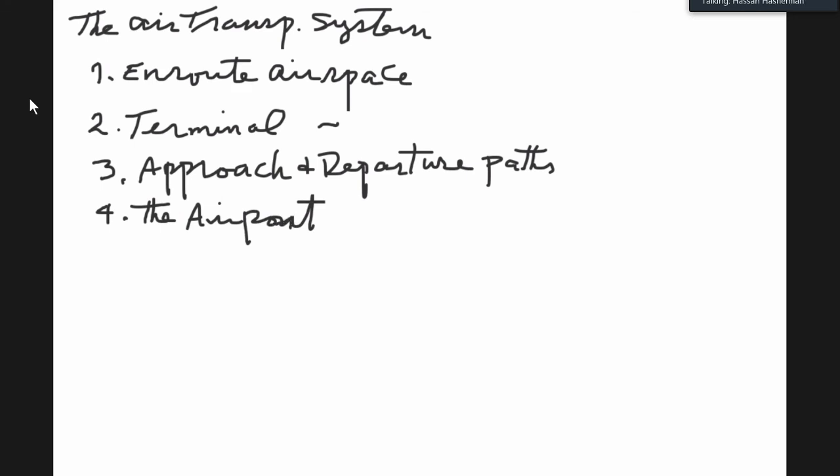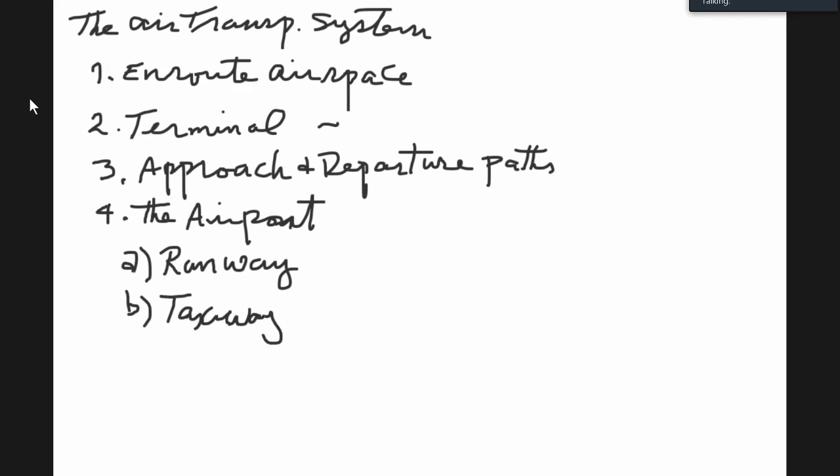On the airport, there are different components. One is called runway. We have taxiway. We have apron gate area.